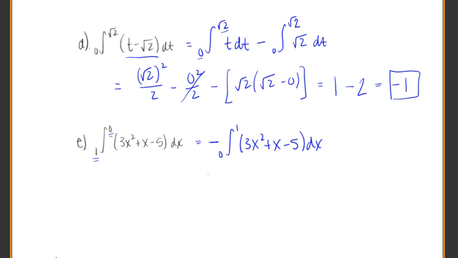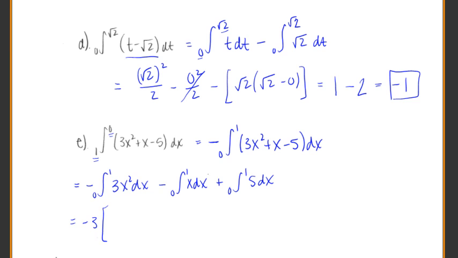Okay, and then from there, let's divide it up into each piece. So it's going to be the negative integral from 0 to 1 of 3x squared dx, minus the integral from 0 to 1 of x dx, and then plus the integral from 0 to 1 of 5 dx. So using all of our rules, let's pull off that negative 3, and this is telling you the integral of x squared dx.